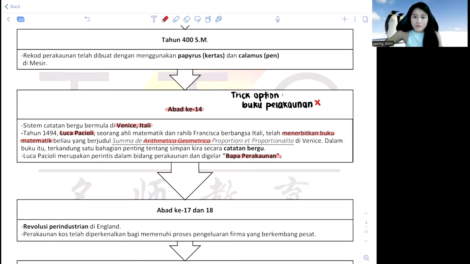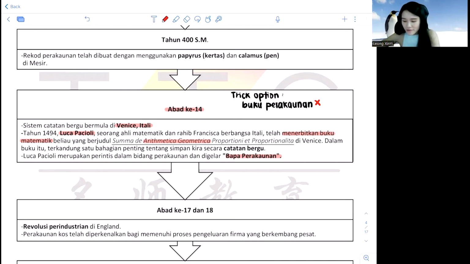So don't pick the obvious one because I feel many students will fall into the trap because you all are thinking, hey, I'm answering for account subject ma. Shouldn't it be a buku perakaunan that has Sistem Catatan Bergu inside? But no, okay, you're wrong. It's actually a maths book. Okay, yeah? So that's it for the sejarah. We just need to take note of this abad ke-14 lah. The rest, they don't really ask for.